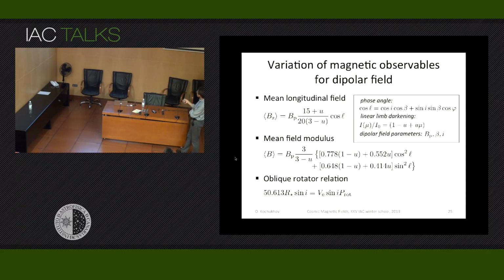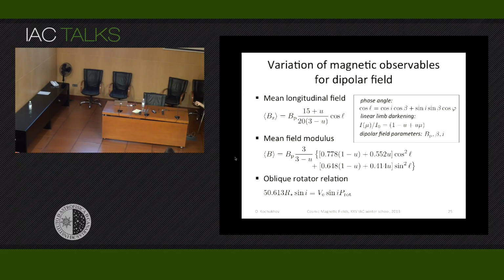So what is written here is that BP is the polar strength, the strength of the dipole. Then U is the linear limb darkening, according to this formula. And this cosine is the cosine of phase angle, which is written like this, where I is the inclination between line of sight and the stellar rotational axis, and beta is the inclination of the magnetic field, so the angle between field and the rotational axis of the star.